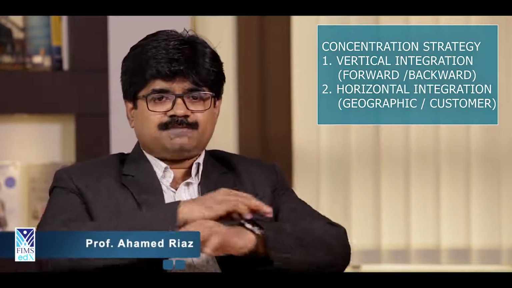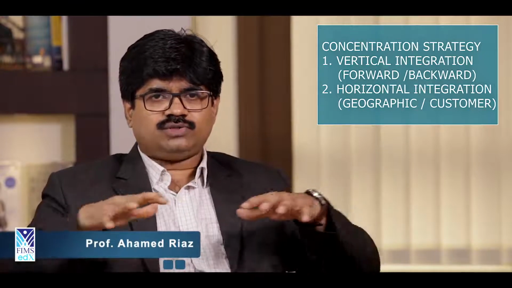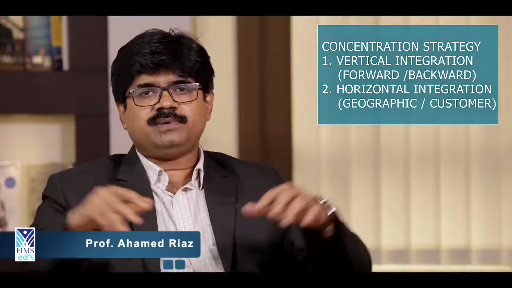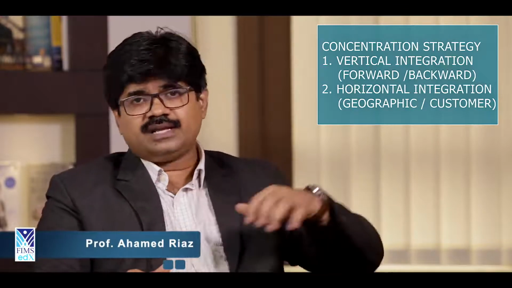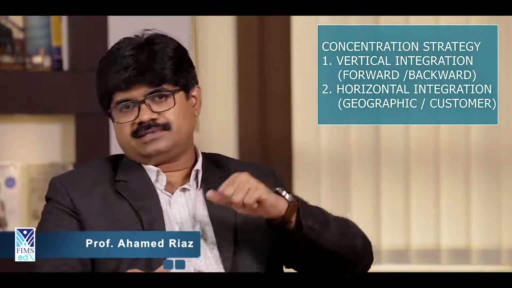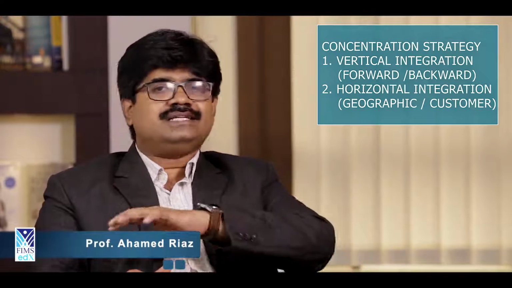So that is expanding their customer base, both premium and economy customer base. That is also horizontal integration. It can be geographical or also customer base. So that is the integration part, vertical integration and horizontal integration. These are all concentrating in the same industry.